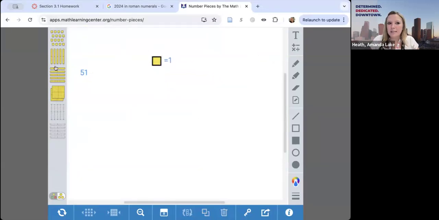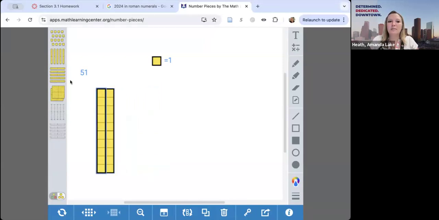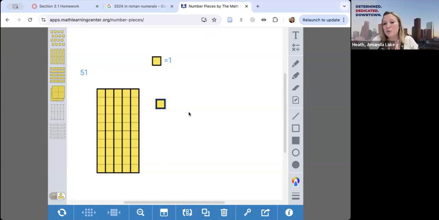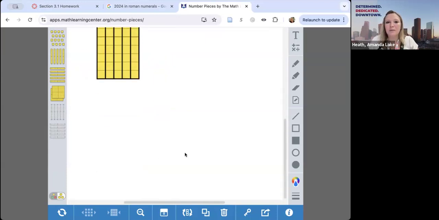And then in that case, these long bars are going to represent tens because they have 10 ones in them. So if I want to represent 51, I can use 5 tens and 1 unit block. So this would be a way we could represent 51.